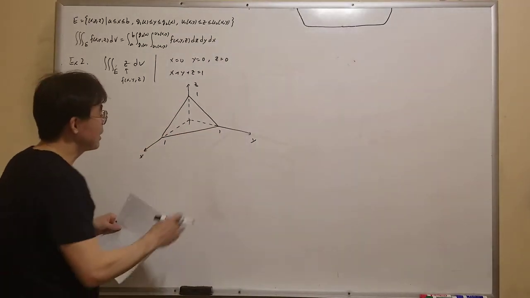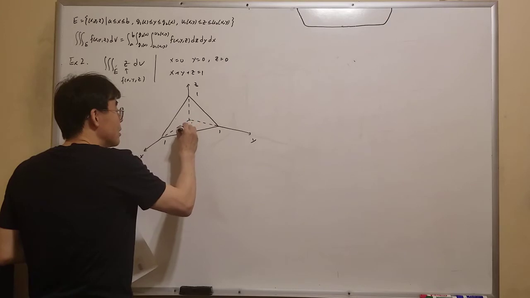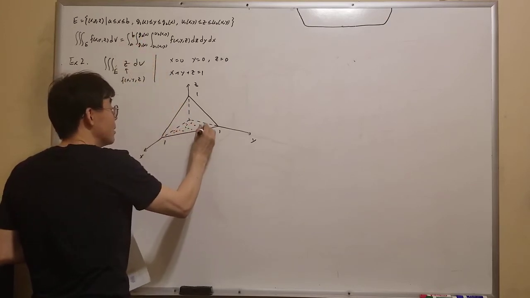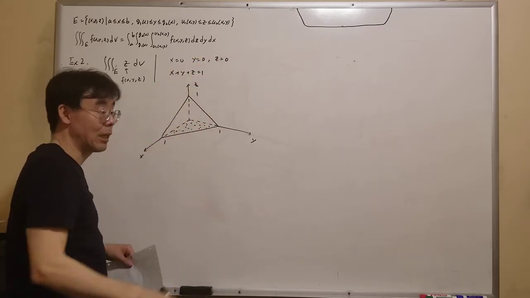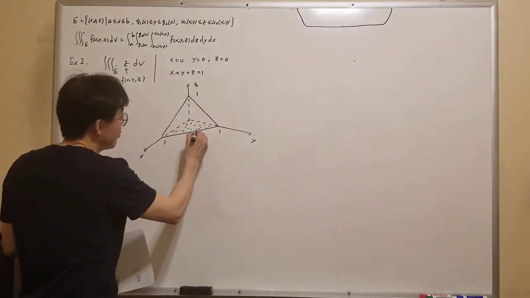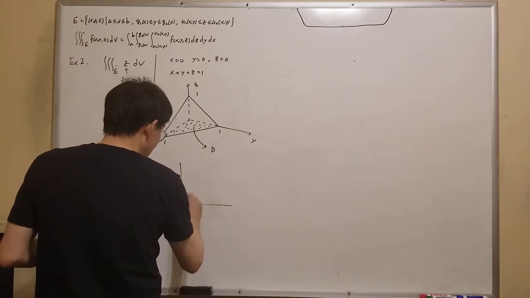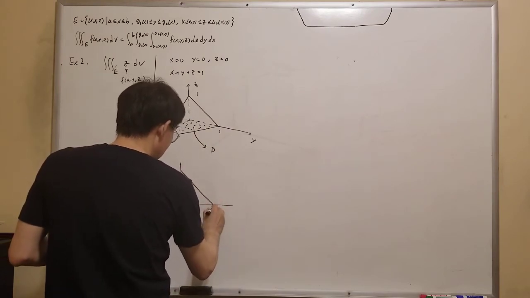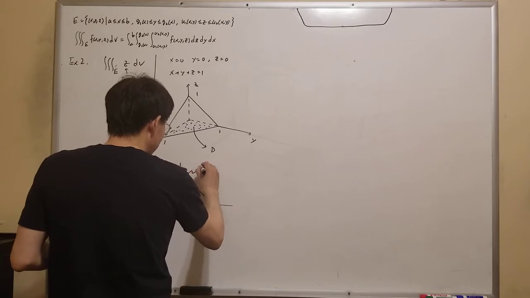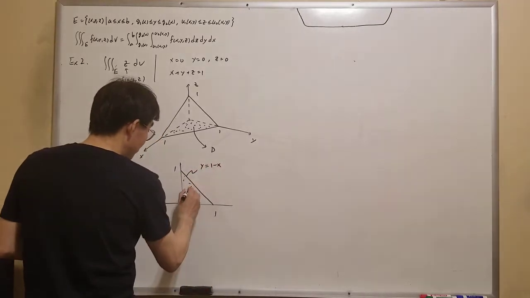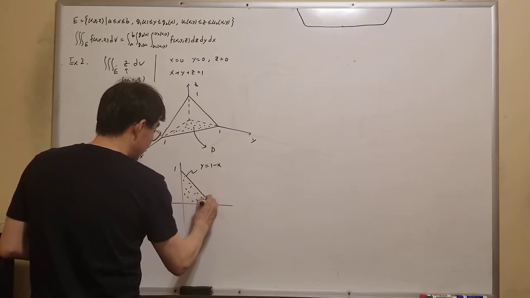We can consider this as type 1, exactly like this. The projection onto the xy plane is this triangular region. This is our D. If you draw D separately, there will be 1 and 1, so the line will be y equals 1 minus x.